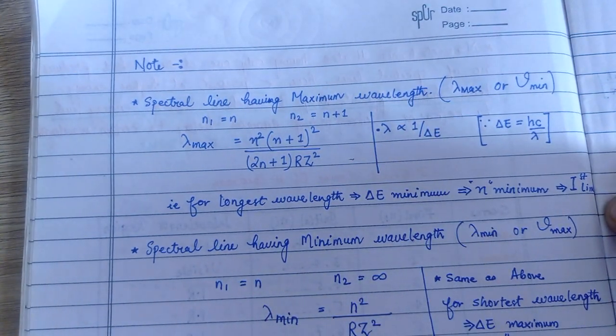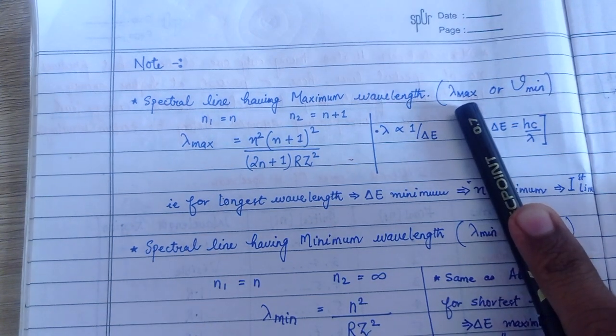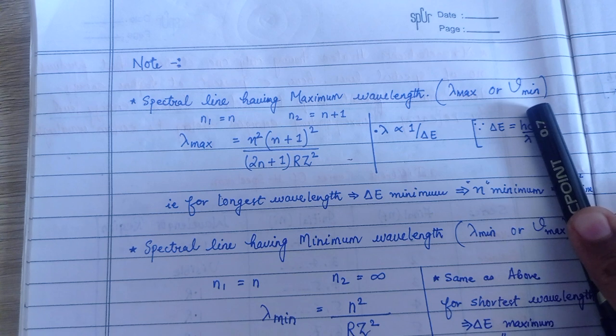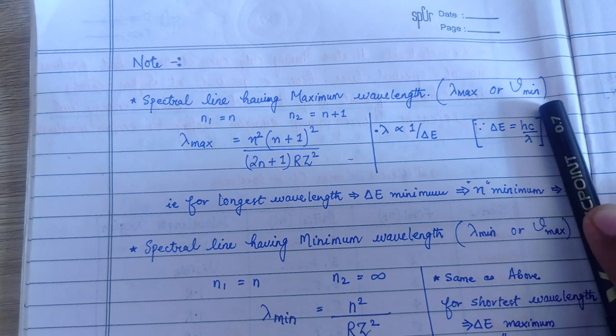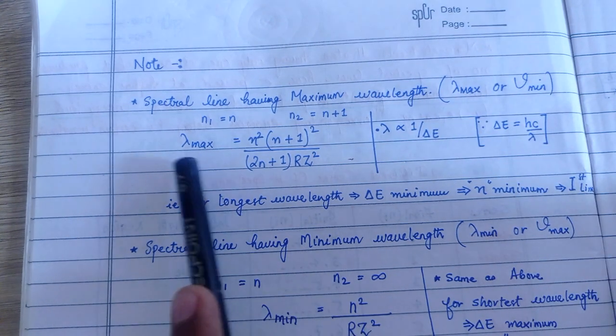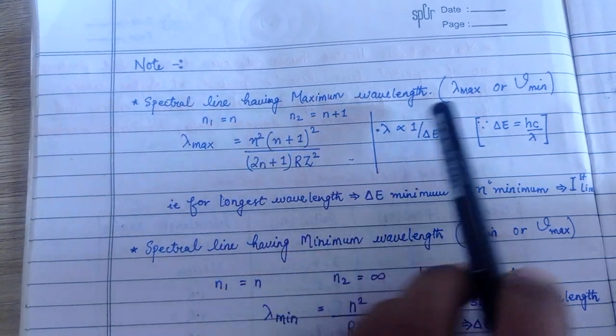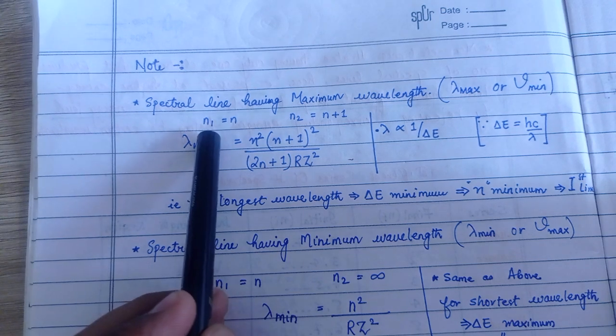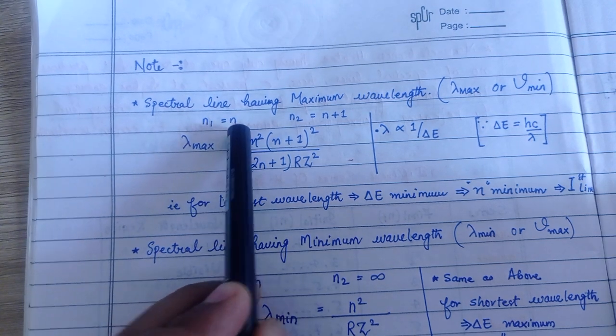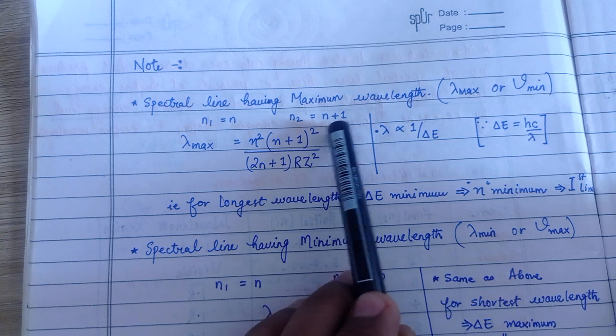A spectral line having the maximum wavelength. If in the question it is asked to find out the spectral line having the maximum wavelength, or lambda max, then if the wavelength is maximum, the frequency will be minimum. So n1 is equal to n, and n2 is n plus 1.